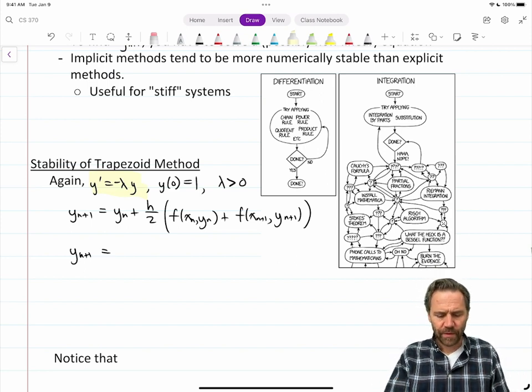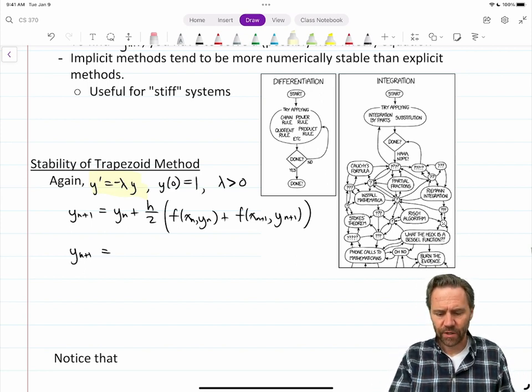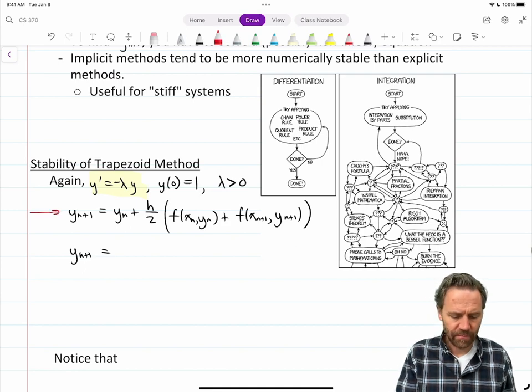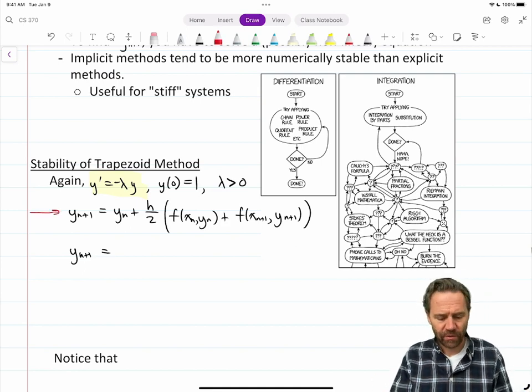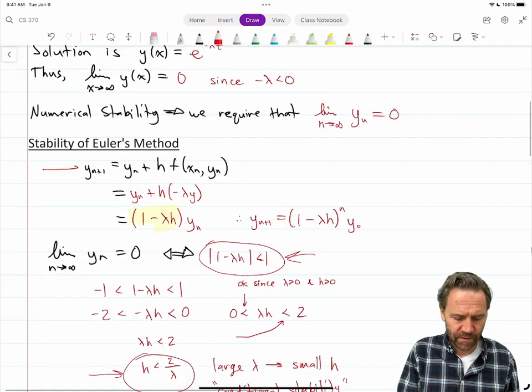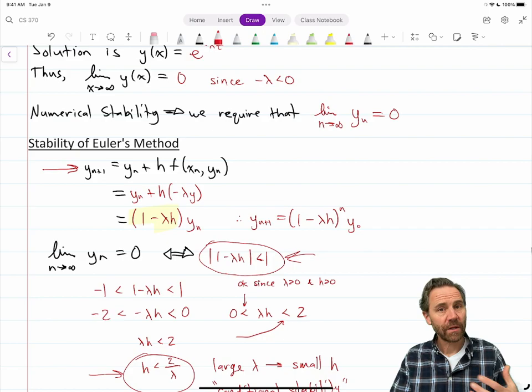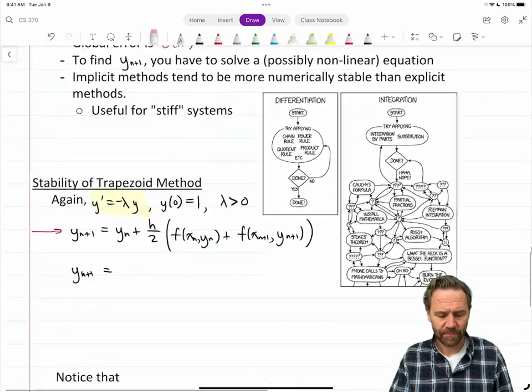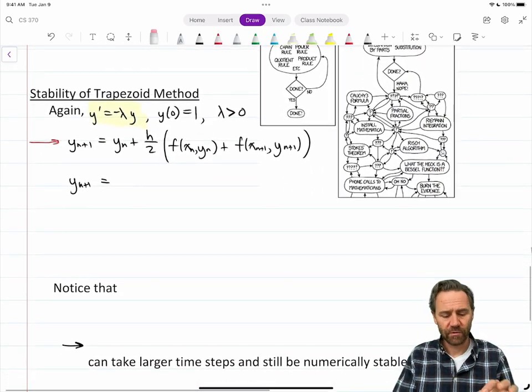Here is our trapezoid method. When we were studying the stability of Euler's method, we had a different schema for computing the next point. This is the trapezoid method, so we use this schema.